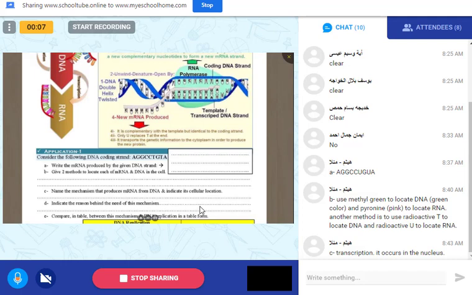Part D, indicate the reason behind the need of this mechanism. Why do I do this process?